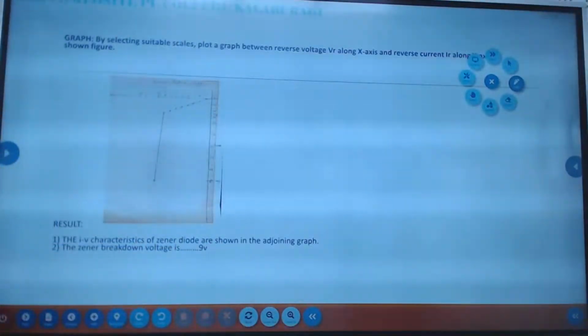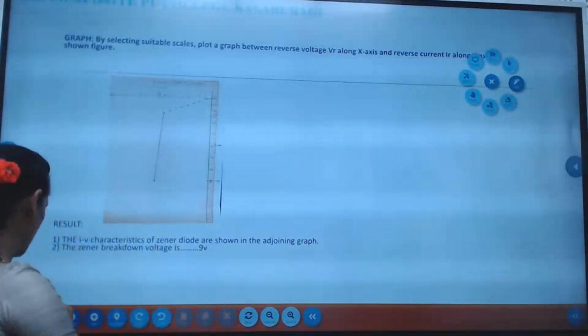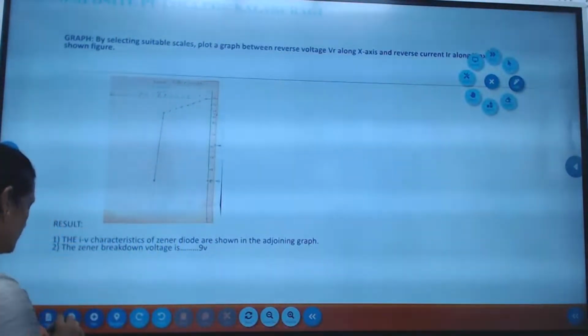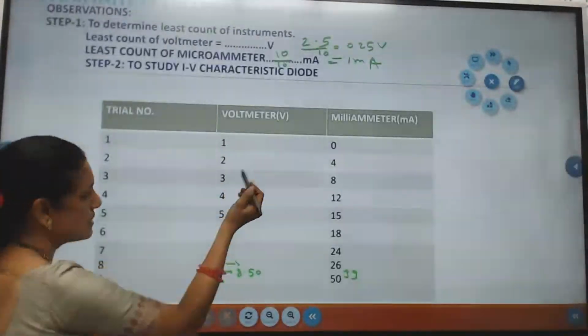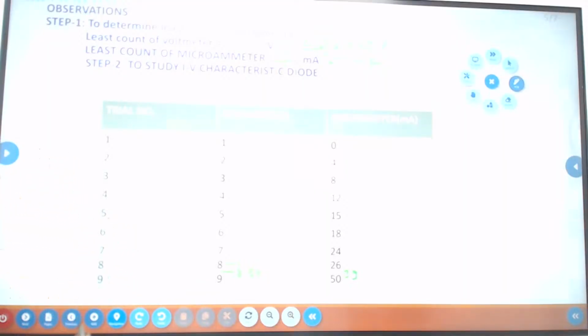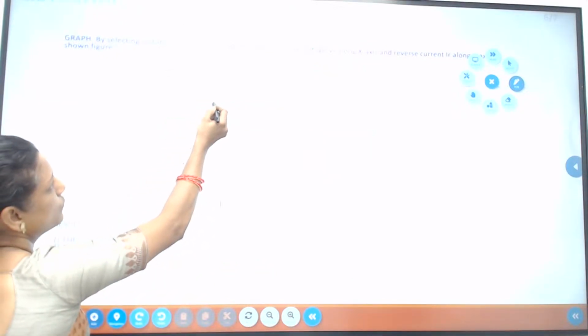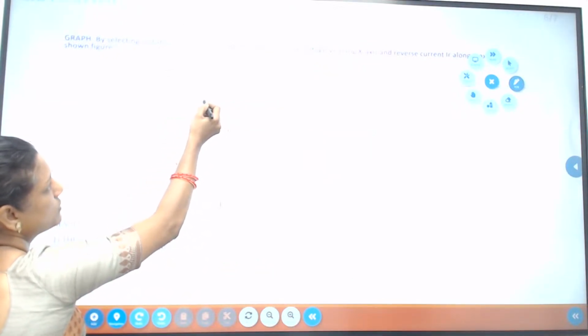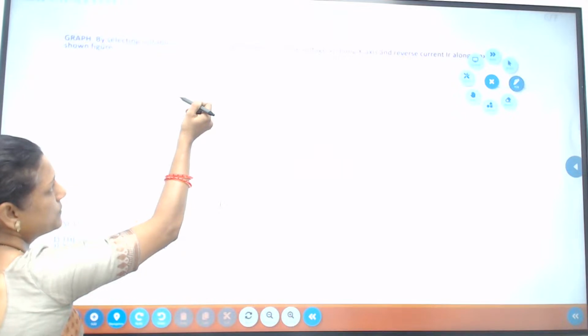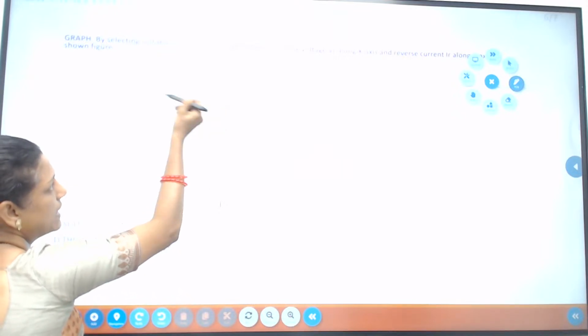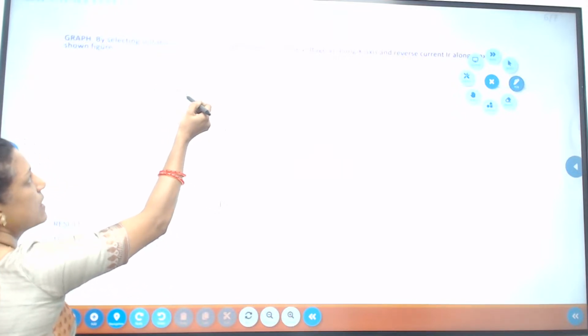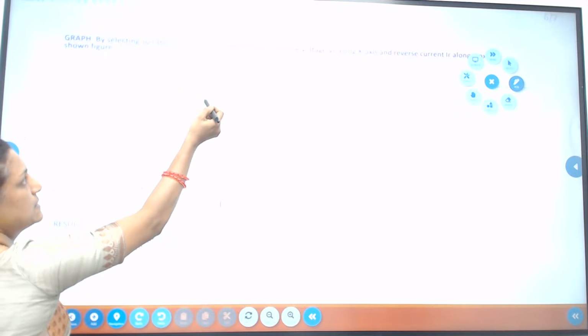For 2 volt the current through the milliammeter is 4 milliampere. For 3 volt, 8 milliampere. In this way, up to 8 volt I get a linear increase in the current.